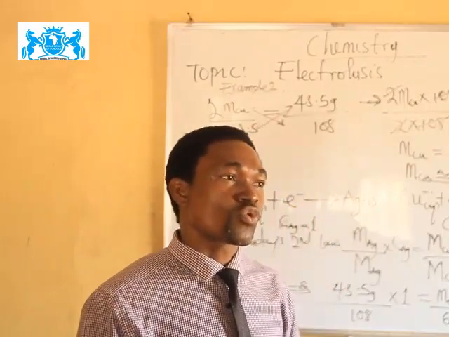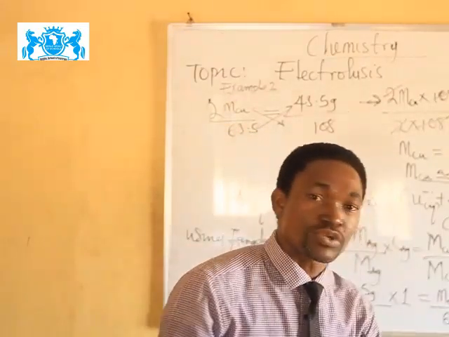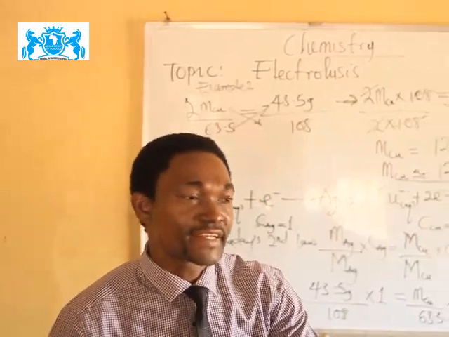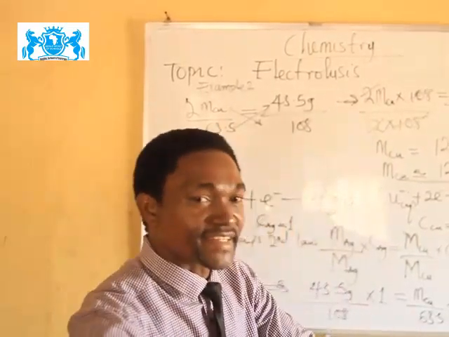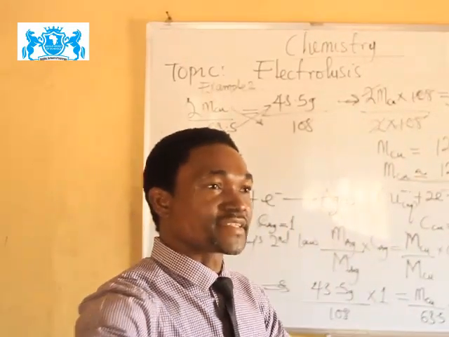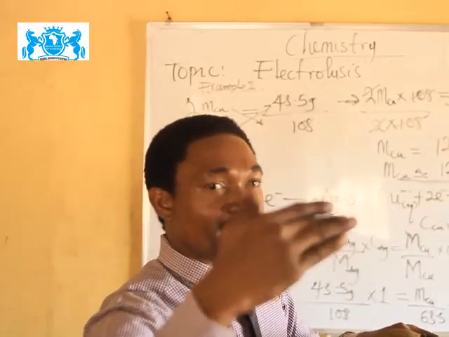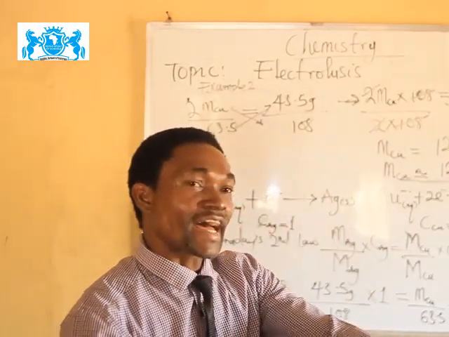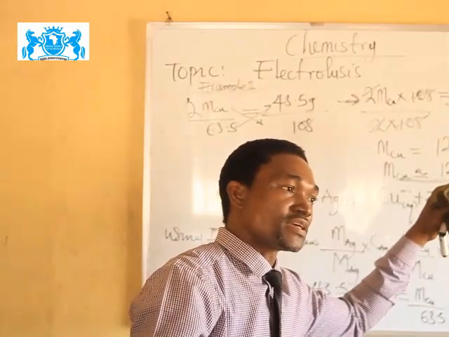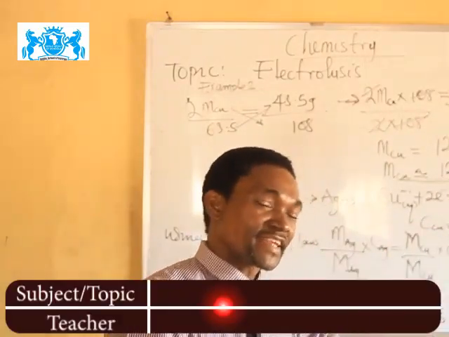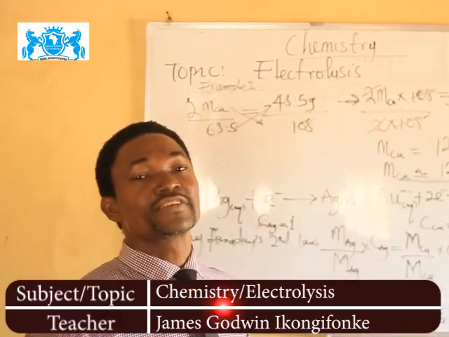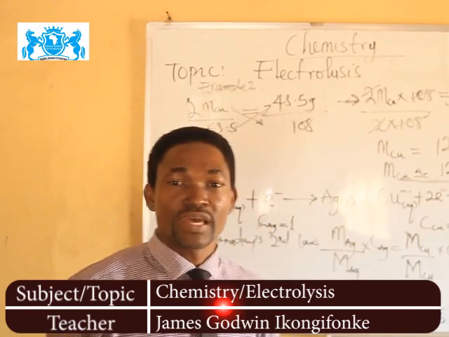For instance, if you want to coat a silver jewelry with metallic gold, you place the metallic gold at the anode to be deposited on the metallic silver jewelry at the cathode, and that is still a process of electrolysis.